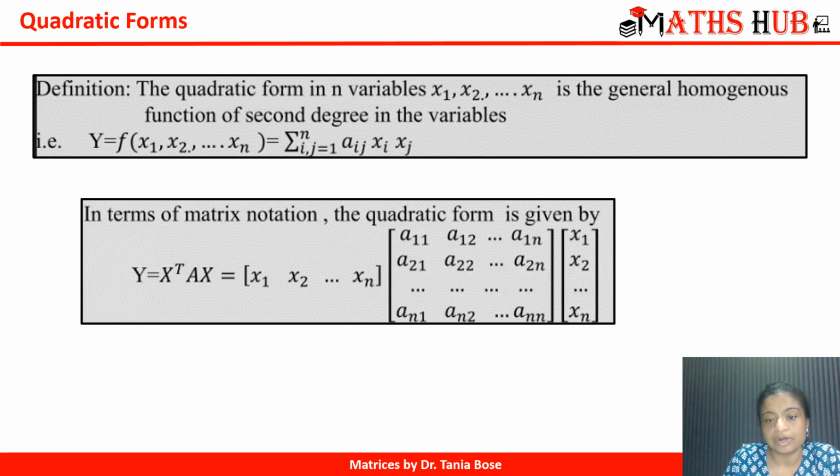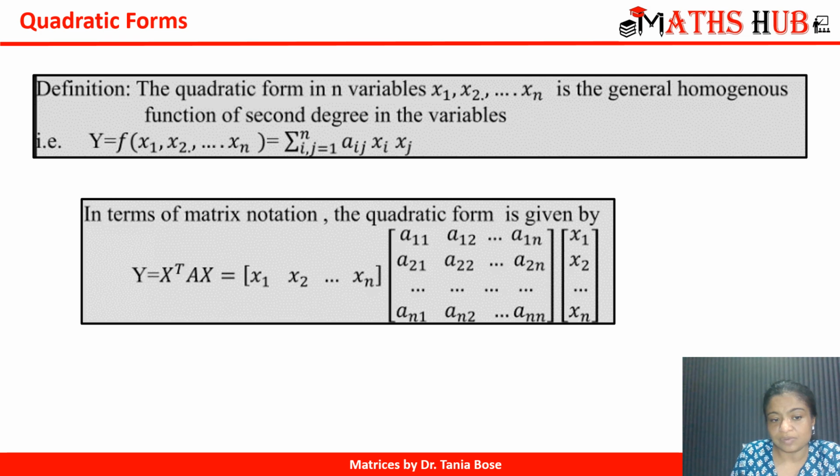It will give us a polynomial expression in terms of a11 x1 square, a22 x2 square, ann xn square, and similarly all sorts of mixed terms like a12 x1 x2, a21 x2 x1.